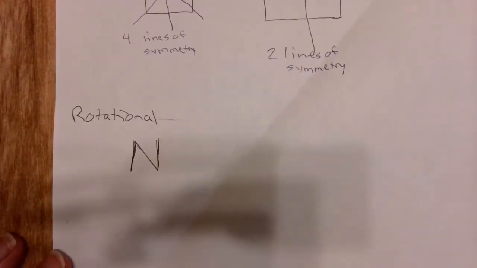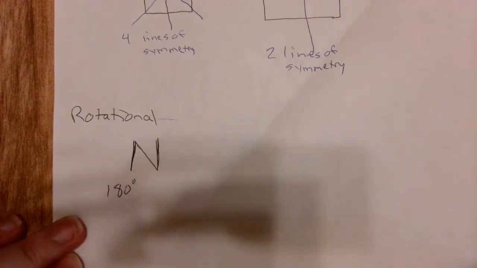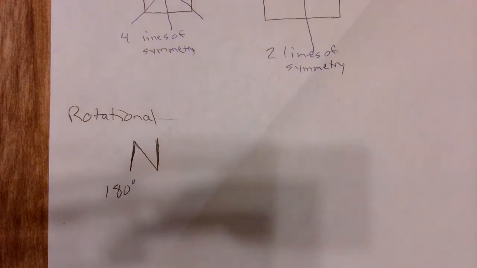My paper turned halfway around the circle. A circle is 360 degrees. What's halfway around the circle? Well, half of that is 180. If I keep turning and I get back to the beginning, 360, well, I know that it had 180-degree rotational symmetry because halfway around the circle, it looked like the letter N again.